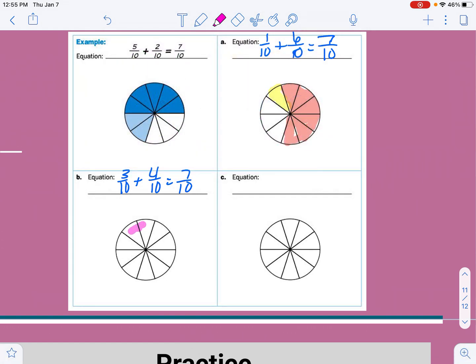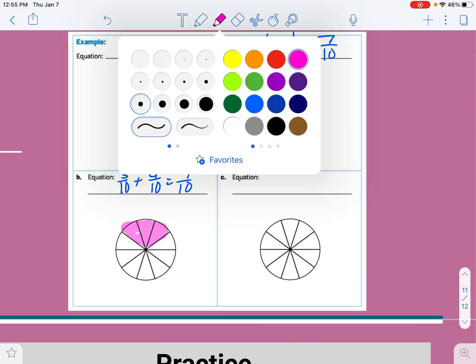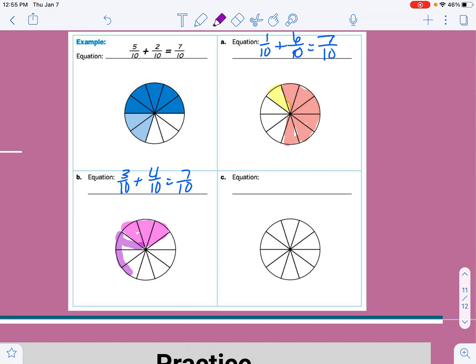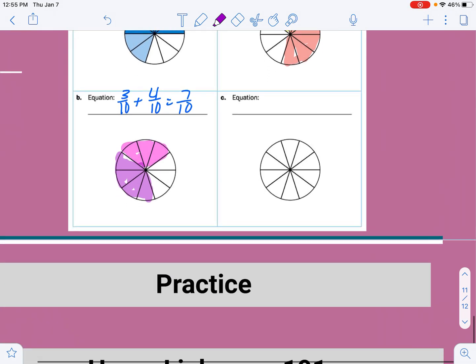So I can do 3 of my pieces and 4 of them. And I'm still going to be covering the same amount. There's still just 3 pieces uncovered. That's decomposing them, not with unit fractions, but with just other parts.